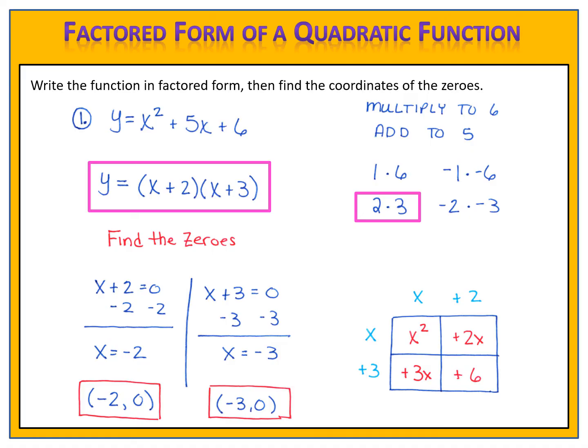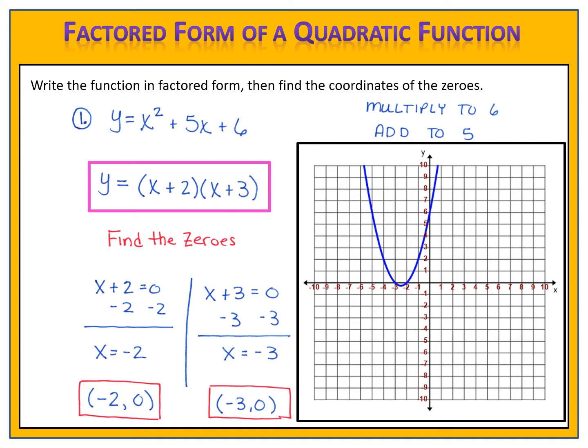Those are the zeros of the function. We can always verify this by looking at a graph. Notice the graph of the function shown right here. The zeros, where the graph passes through the x-axis, sure enough, are at (-2, 0) and (-3, 0).